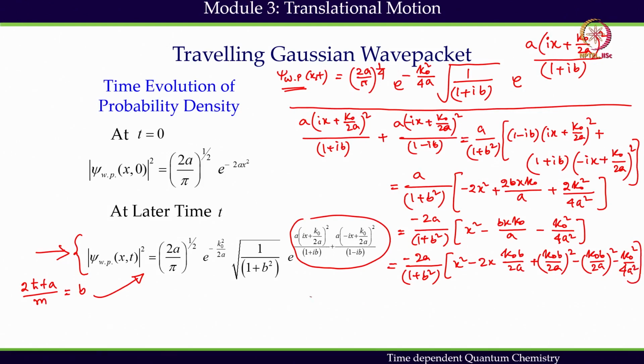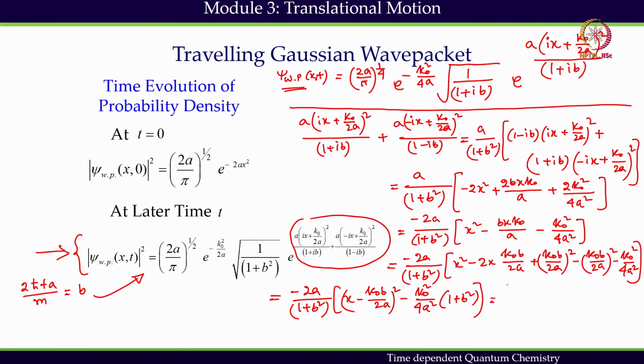So finally, if I reduce it further, I get 2a by 1 plus b square times x minus k naught b by 2a whole square minus k naught square by 4a square multiplied by 1 plus b square.